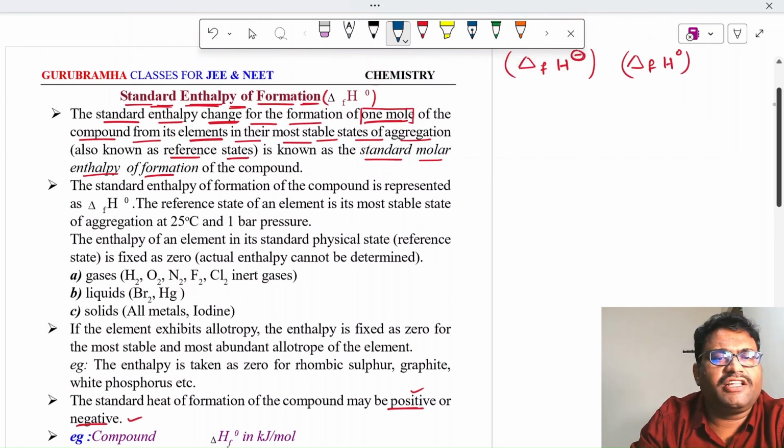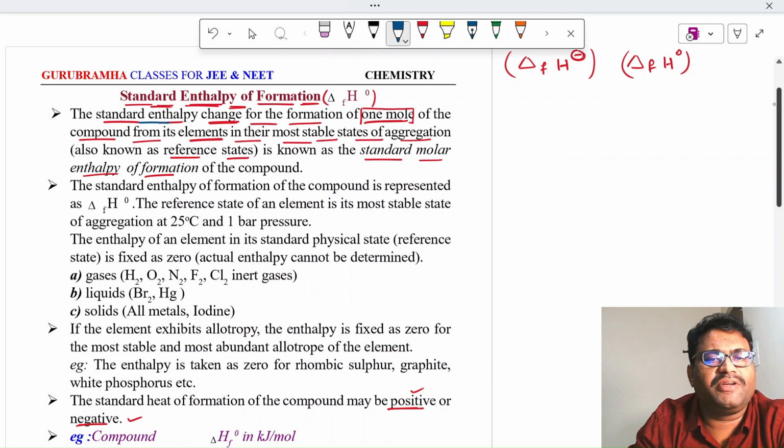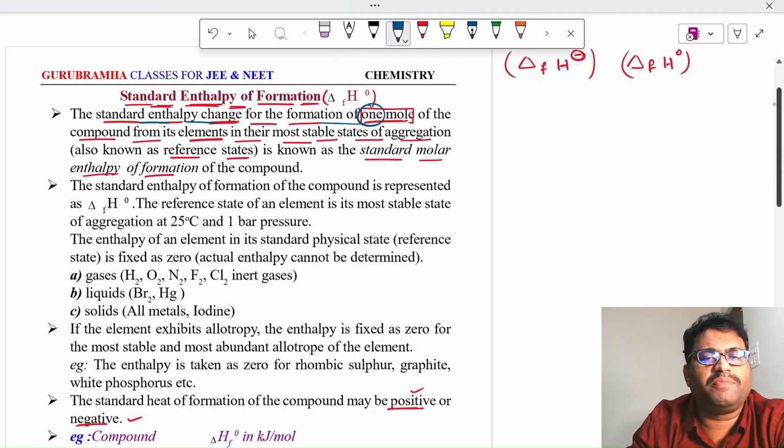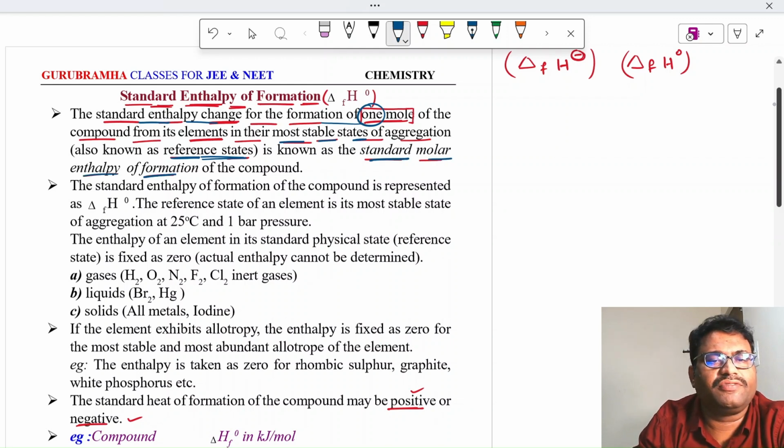So how is the standard enthalpy of formation defined? It is the standard enthalpy change for the formation of 1 mole of the compound from its elements, and those elements must be present in their most stable states of aggregation. These most stable states are also called reference states. Okay. And that is called the standard molar enthalpy of formation.